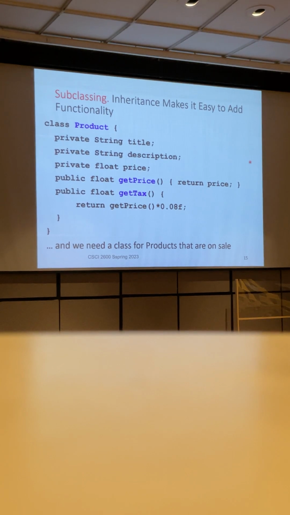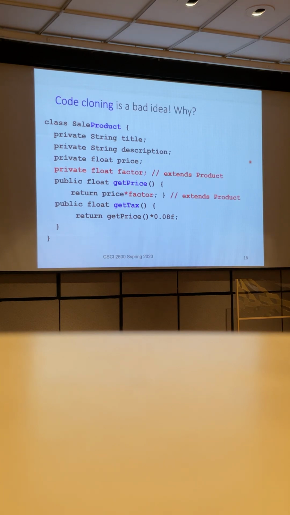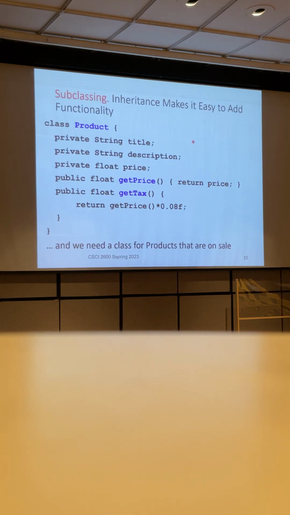All right, so subclassing. We have Product: title, description, price, getText. And we need a class for products that are on sale. We do this through subclassing, and remember, subclassing is the Java way of subtyping. So we create a SaleProduct, and we essentially copied most of the Product code.